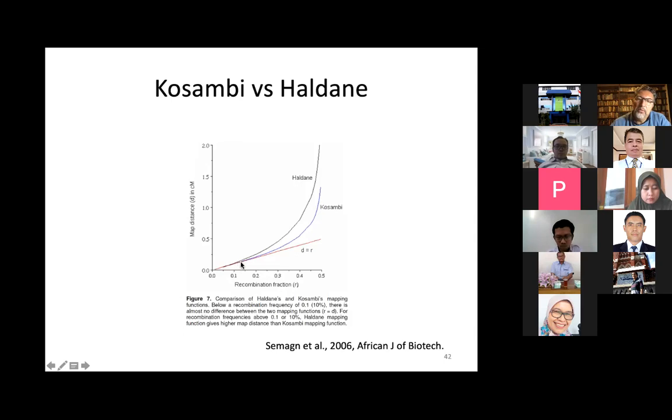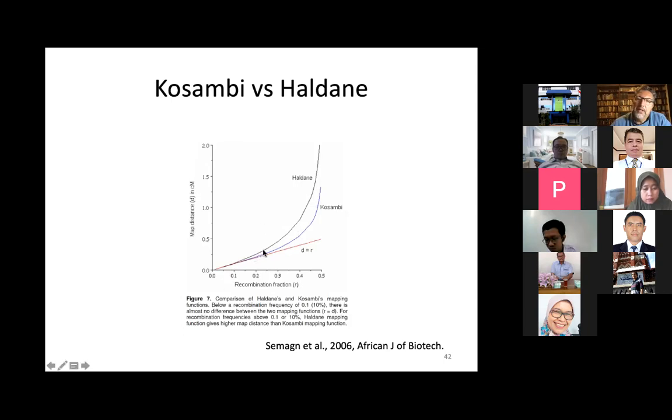But then when you move above 0.1 recombination frequency, you have a change with Kosambi and a change with Haldane. So you get larger map units from Haldane because you're not considering interference.